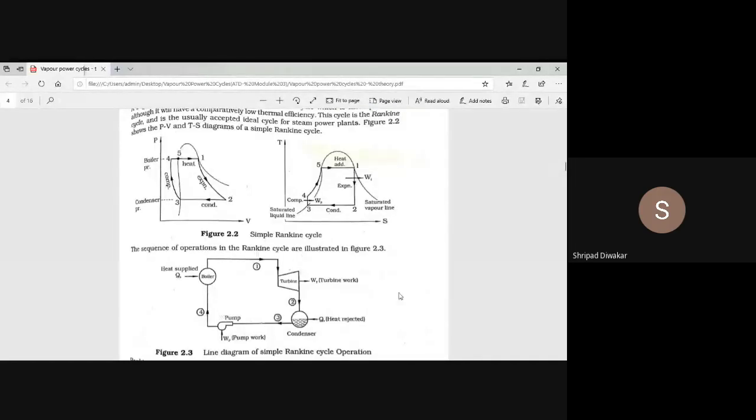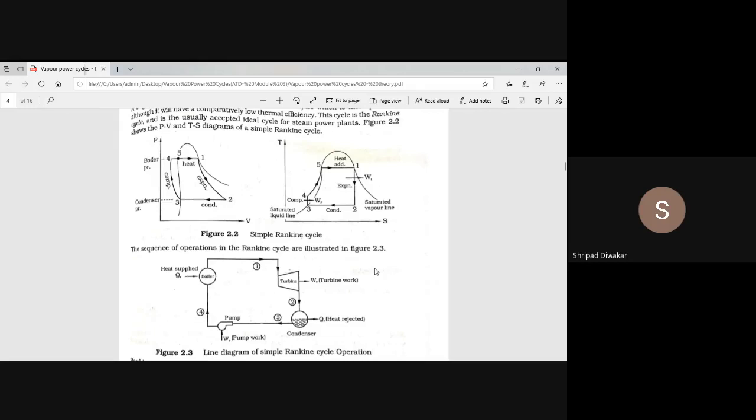Here first the steam generated from the boiler enters into the turbine. From the turbine the expansion takes place, then it enters into the condenser, where condensation takes place. That condensate or water from the condenser enters into the pump, and then from the pump it enters into the boiler. This is what we studied.